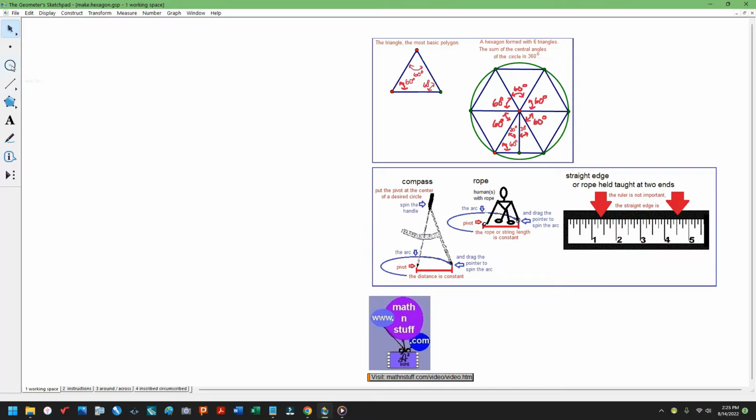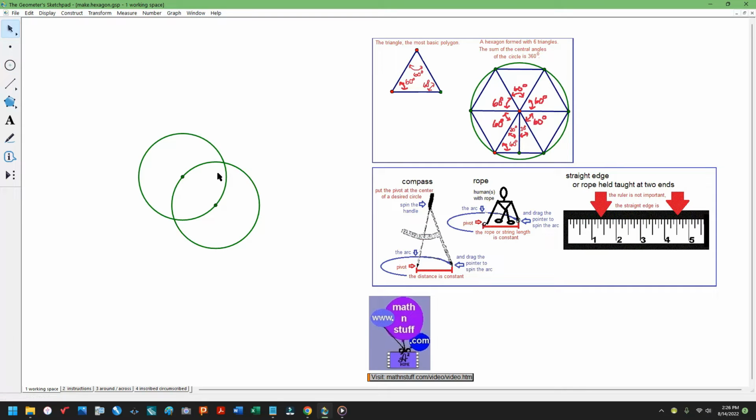So we're going to start with building a circle, and I'm going to start with a center and a point on the circle. Then I'm going to do it backwards. I'm going to build another circle. I'm going to start with the point and go out to the center.